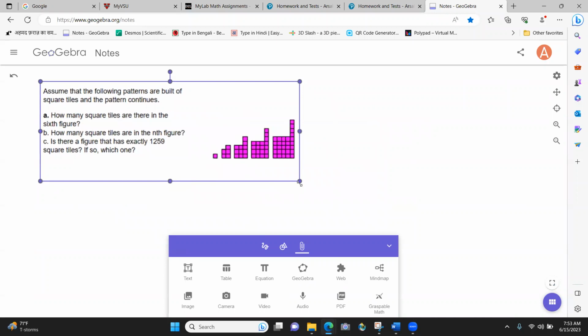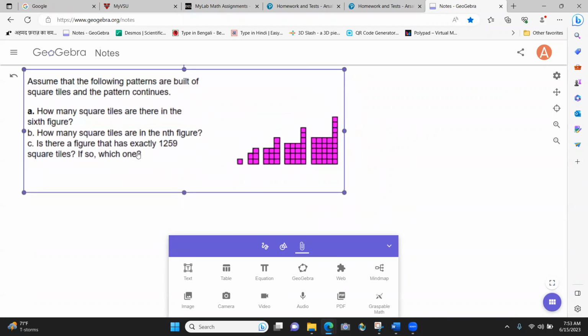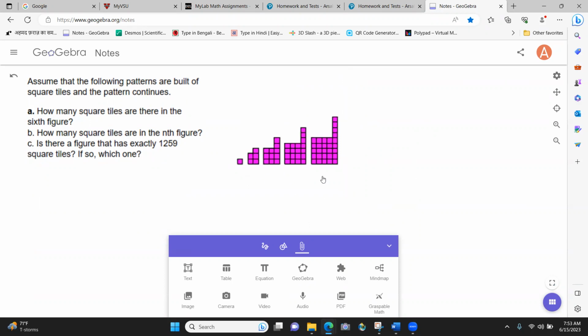Basically, what this says: assume the patterns are built of square tiles, and the pattern continues. How many square tiles are in the sixth shape? I have one, two, three, four, five, the sixth one.